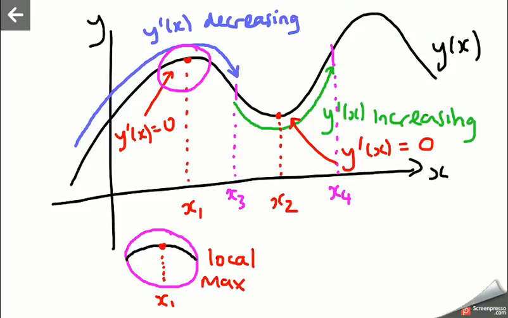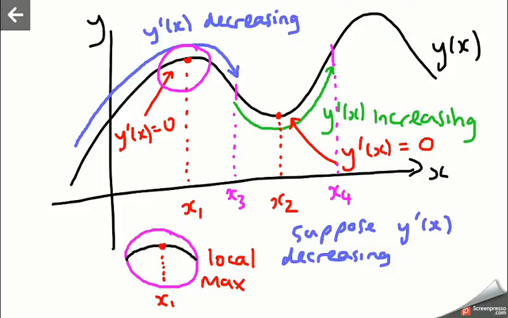Okay, and we can see from this that suppose the tangent line slopes are decreasing and then they reach 0. So suppose y prime of x is decreasing around a point x1, and y prime of x1 equals 0.